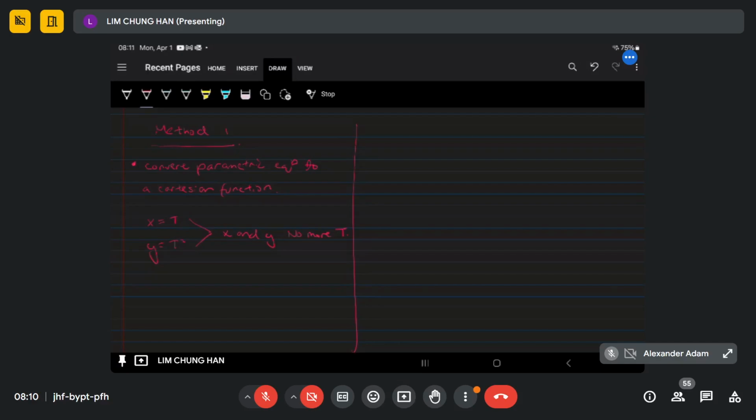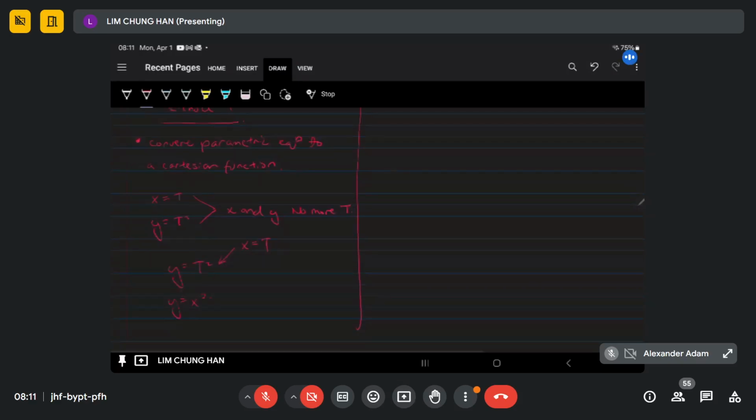How are you going to do this? Well, this one's easy. X equals to t, y equals to t squared. Can you substitute x equals to t in there? So you end up with y equals to what? If I replace the t, x squared.